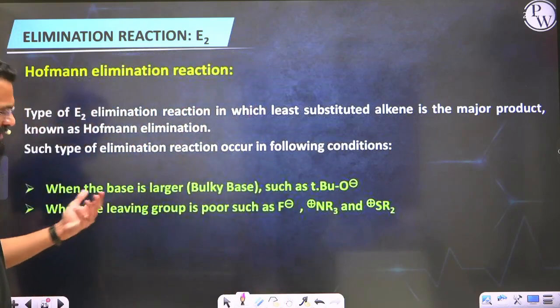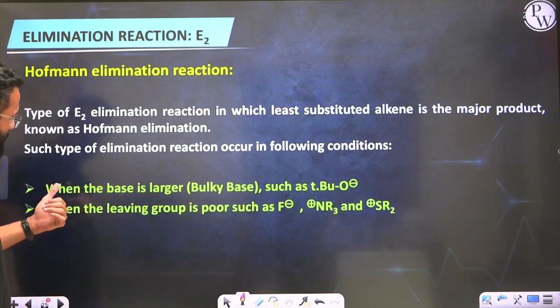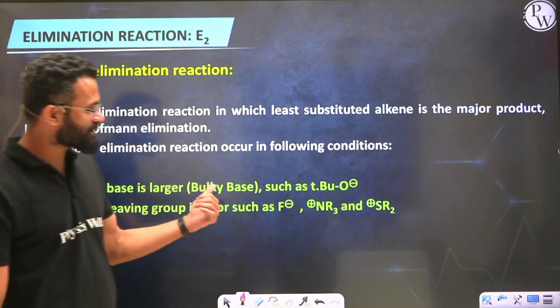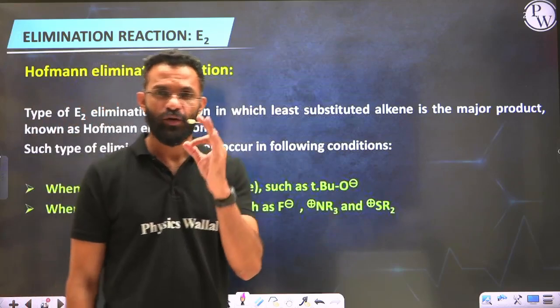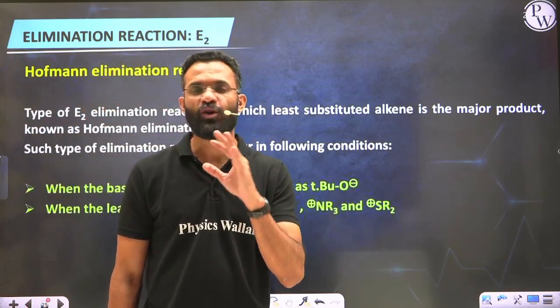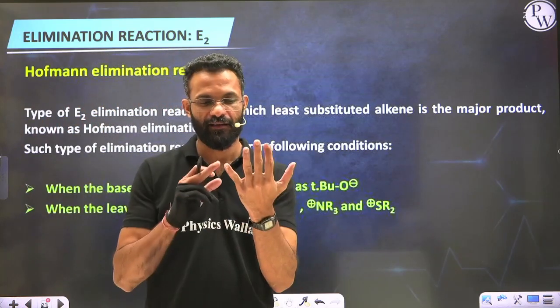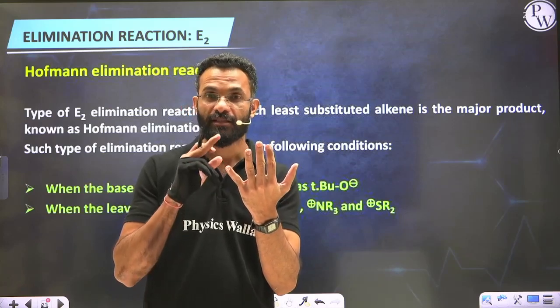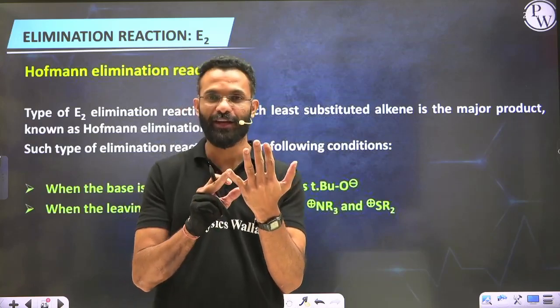Well, not only in the substrate, even in the case of the base, the base has to be a bulky base. Among the 5 strong bases that we have learned, start from alcoholic KOH.